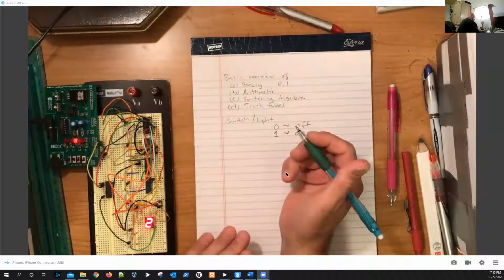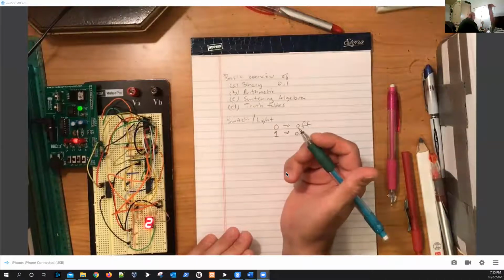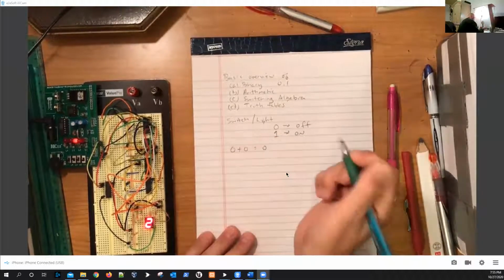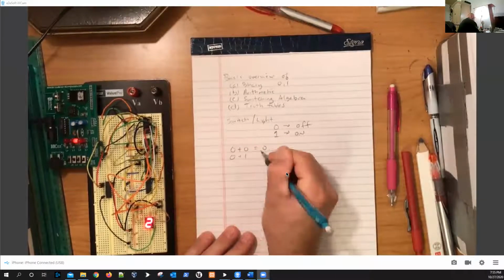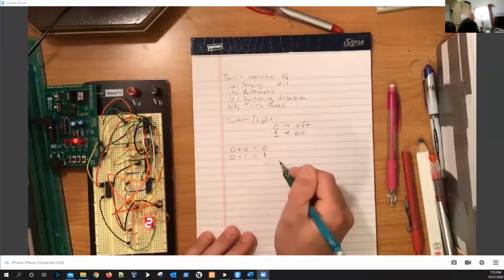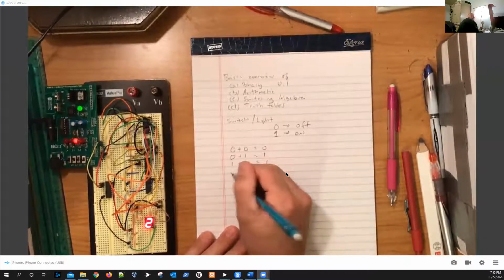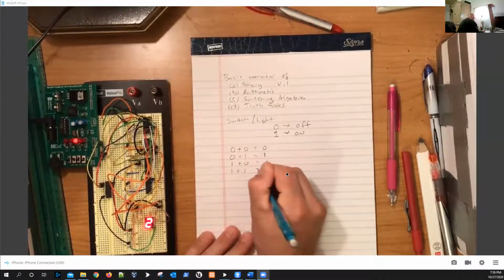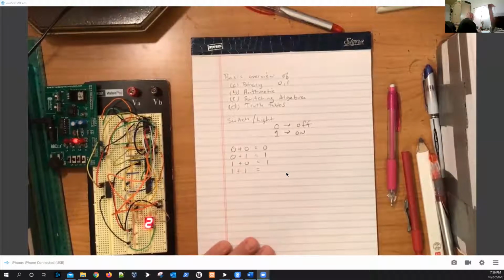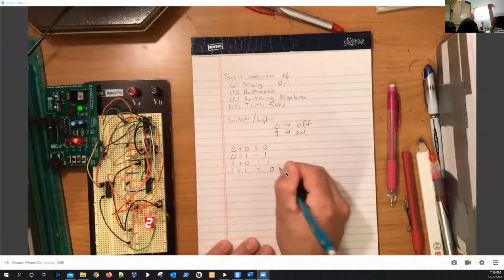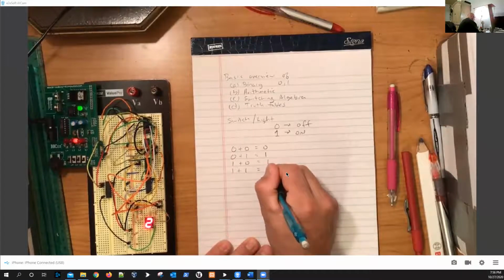We can also treat the binary as actual just numbers, and so 0 plus 0 equals 0. That's pretty obvious. 0 plus 1 equals 1. 1 plus 0 equals 1. Here's the one that may not be as intuitive. 1 plus 1 equals 2. But when you have a 1 plus a 1, you get a 0 plus a 1 carry.